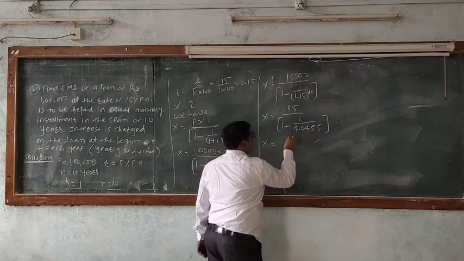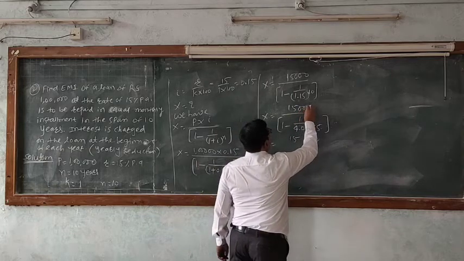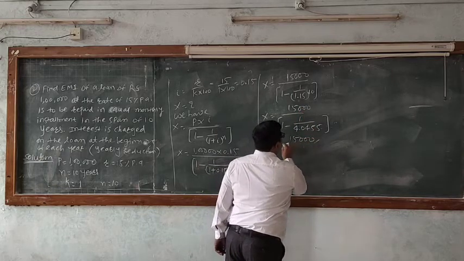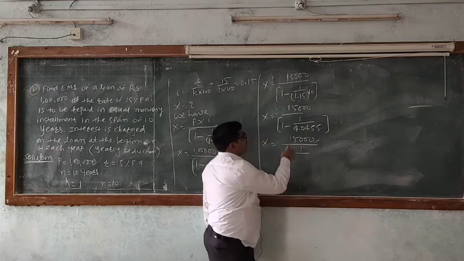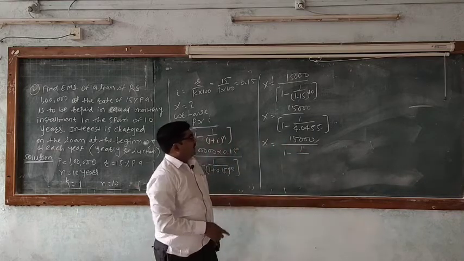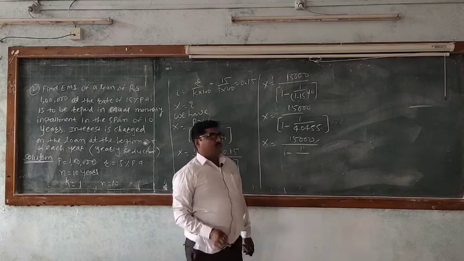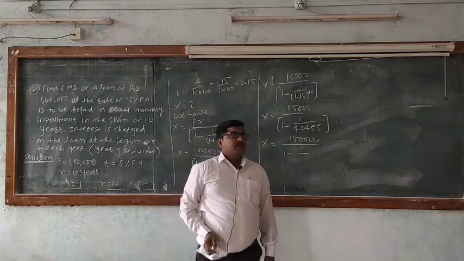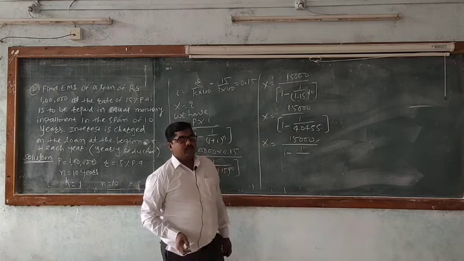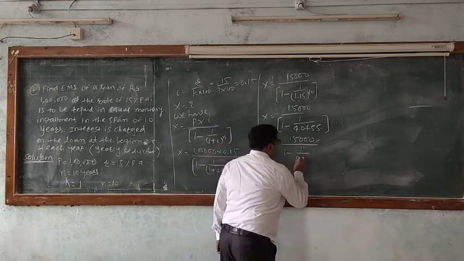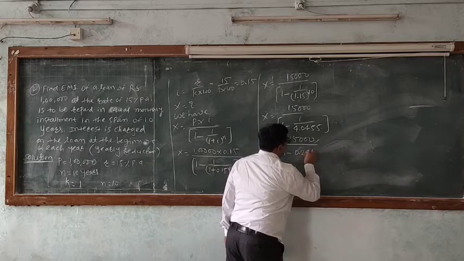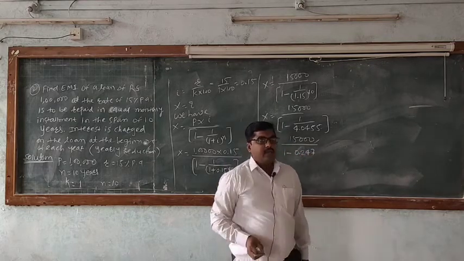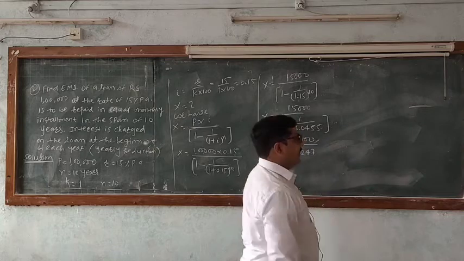So 1 upon 4.0455 can be written as 0.247188.